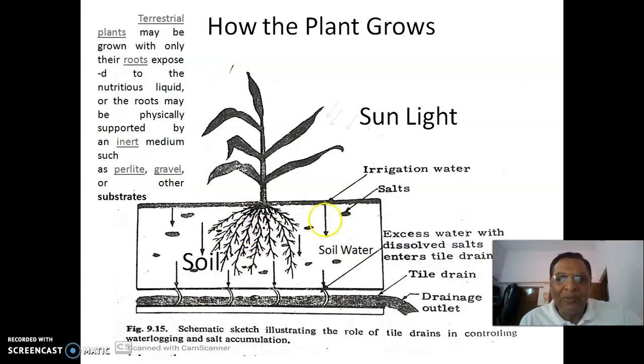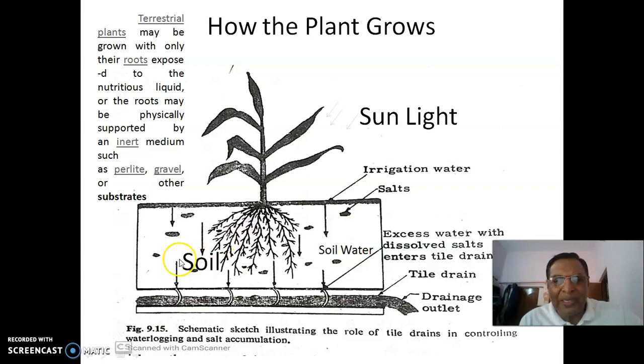Ultimately, for producing vegetative growth or food grains, first you need an environment wherein sunlight, soil, and water are available. But why is soil required?